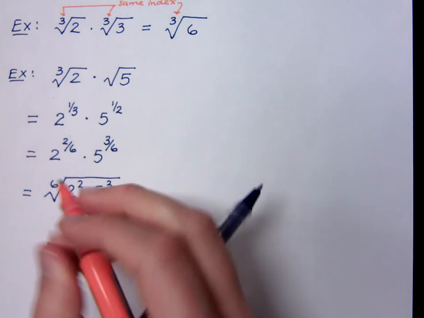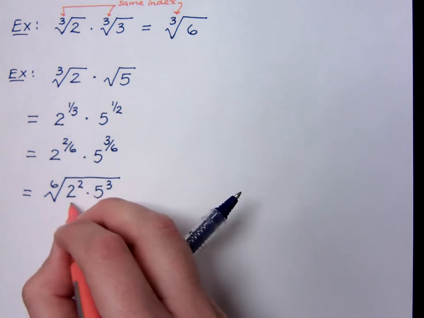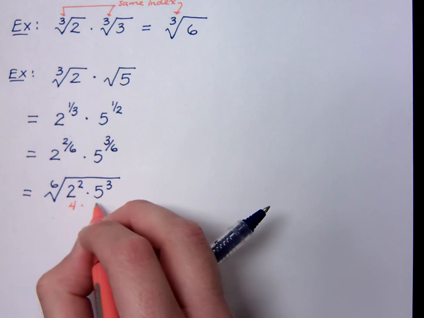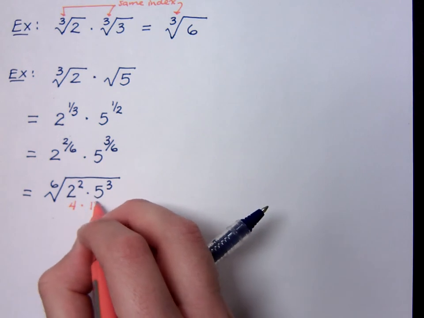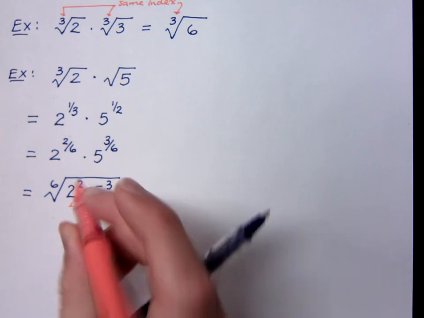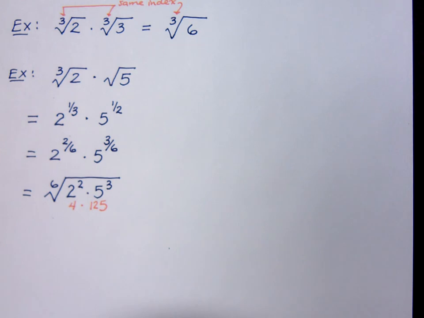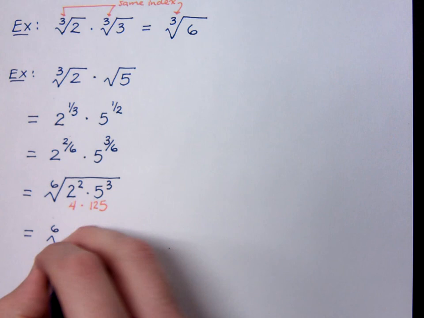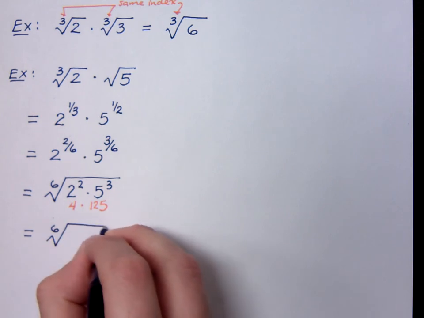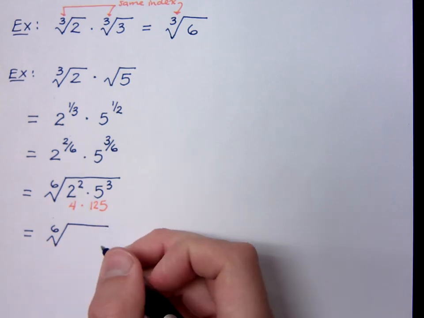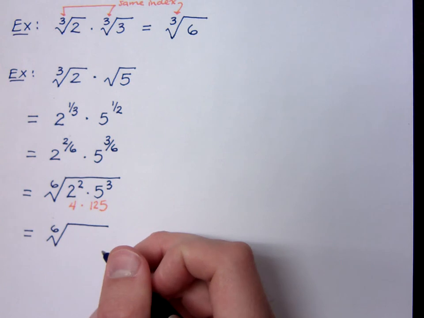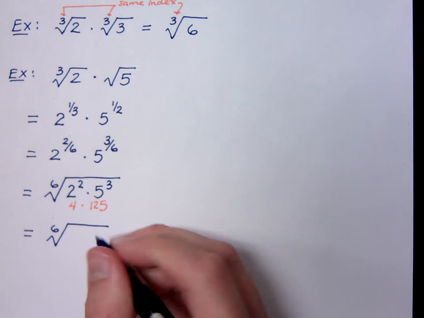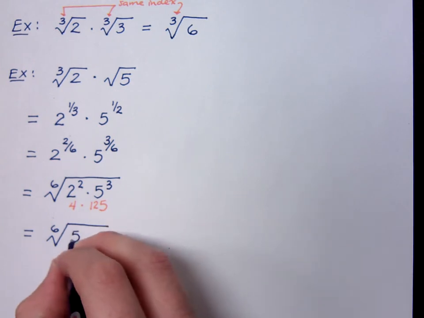Now, what's 2 squared? That's just 4. 5 to the 3rd is 125. So then what's my radicand? We don't have to multiply that out. 4 times 125. If something's $1.25 and you buy 4 of them, how much is it? It's $5. So the answer here is 500.